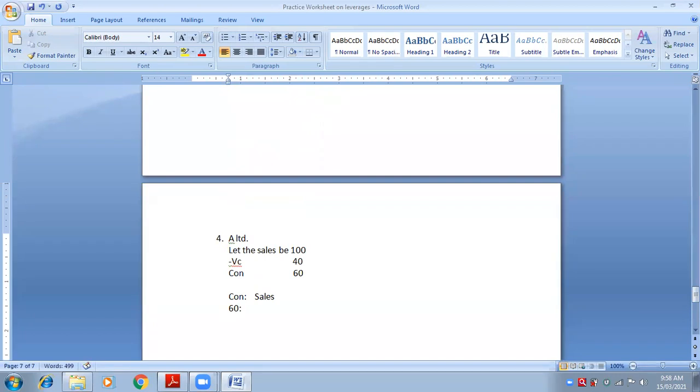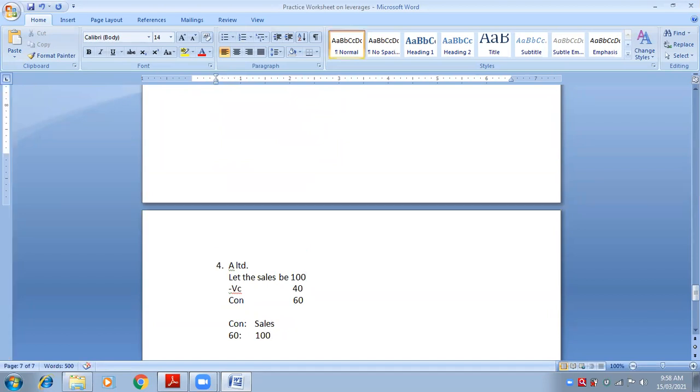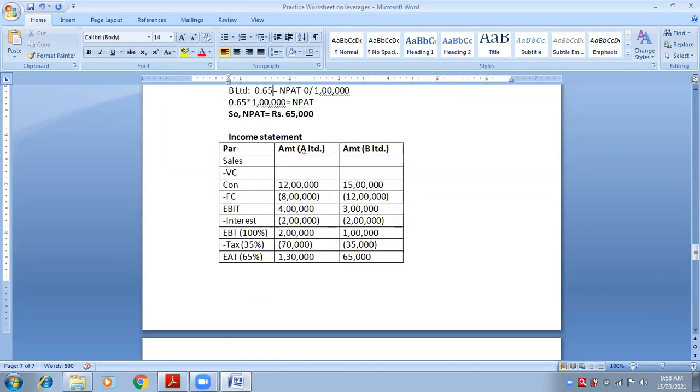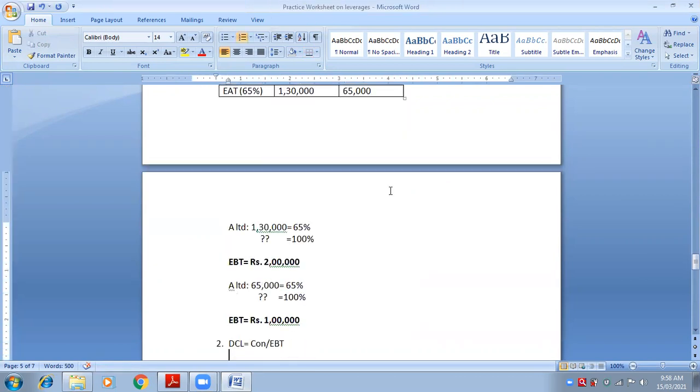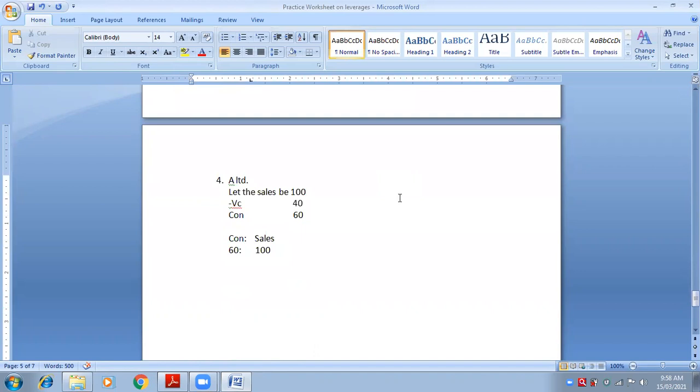And what is sales? 100. But actual contribution, not given in the question but found out, is how much? 12 lakhs. So here we write down 12 lakhs, and after cross multiplication, it is very simple to find out sales. So 12 lakhs is to question mark.